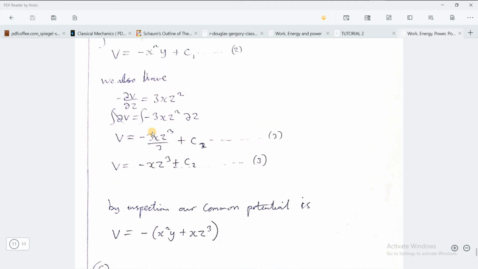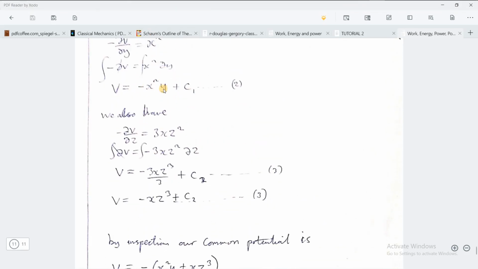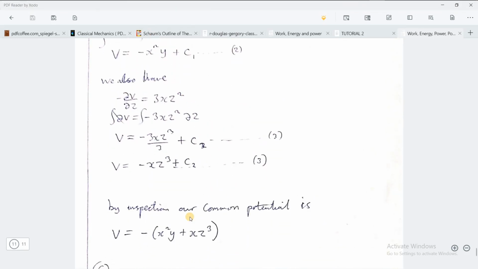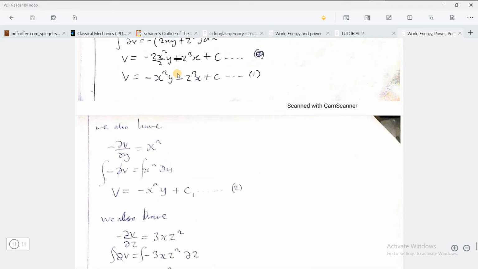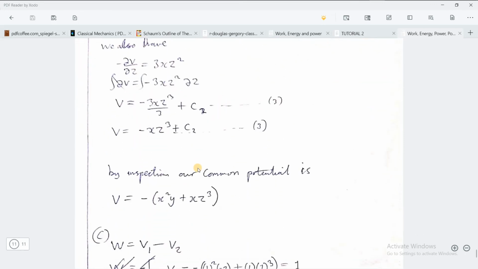Here we have that, so we write it, and we have the minus x squared y minus x z cubed. Remember, there's a minus outside there, so that is what we have.